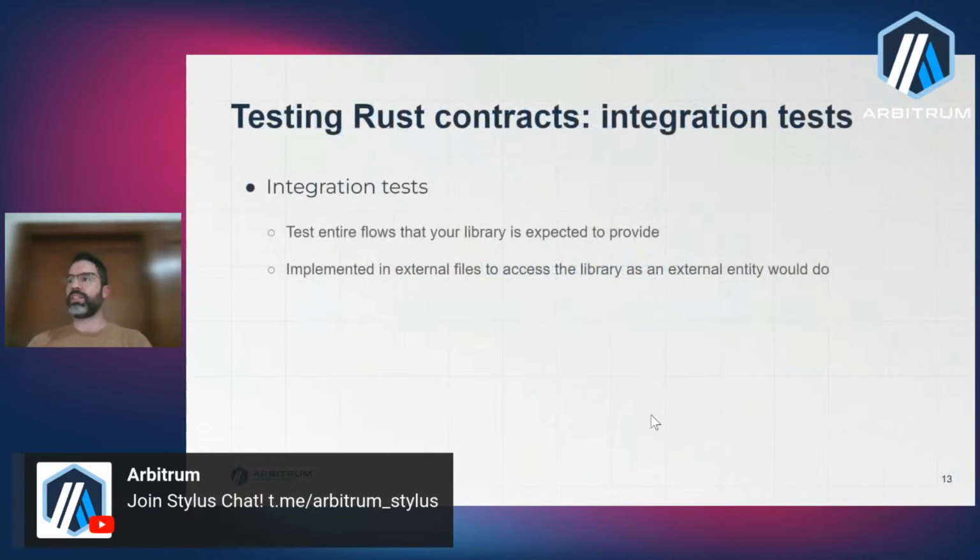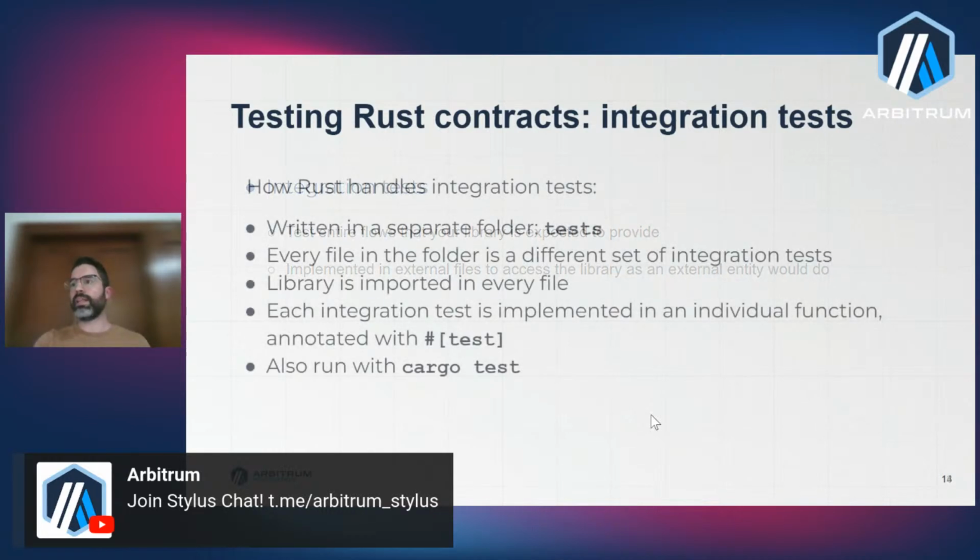Let's move now to integration tests. Now, as I said before, we're going to do the same here. I'm going to explain first how native Rust or Cargo does it, and then we are going to see how we do it with the Stylus SDK, all right? So, as I said before, integration tests verify entire flows that your library is expected to provide instead of individual functions. And they are implemented in external files.